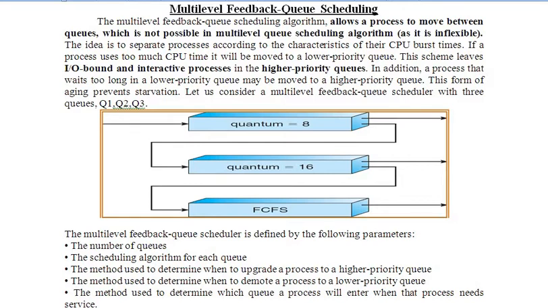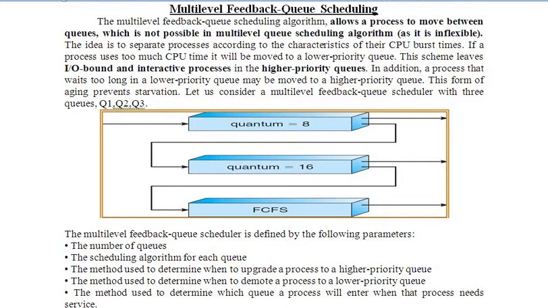Say quantum 8, we all know a process which takes equal to or less than 8 milliseconds will be given the CPU and executed. For example, if a process takes 10 milliseconds, which is more than 8 milliseconds, what will happen? The CPU is given up to 8 milliseconds to that process, then it is moved to the next queue.